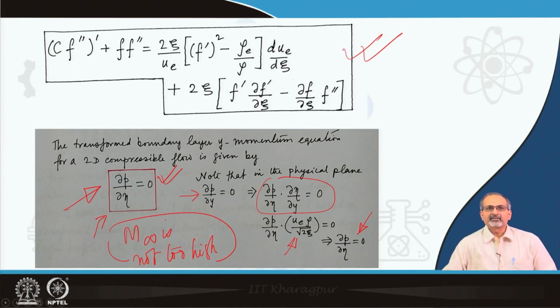We recall from the last lecture that we were discussing the x and y momentum equations, the compressible boundary layer equations in the transformed space or plane.